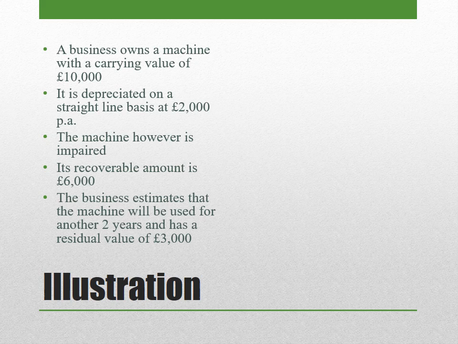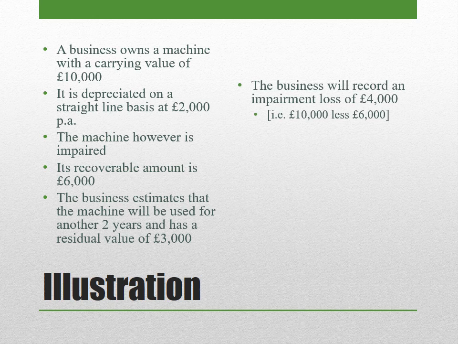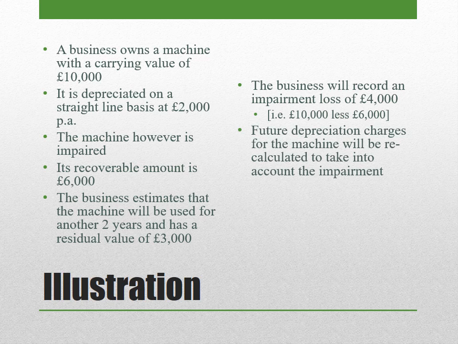We also think that we'll use it for another 2 years, and it's got a residual value of £3,000. So what we'll do is we will record an impairment loss of £4,000, which is the difference between the carrying value of £10,000 and the recoverable amount of £6,000.